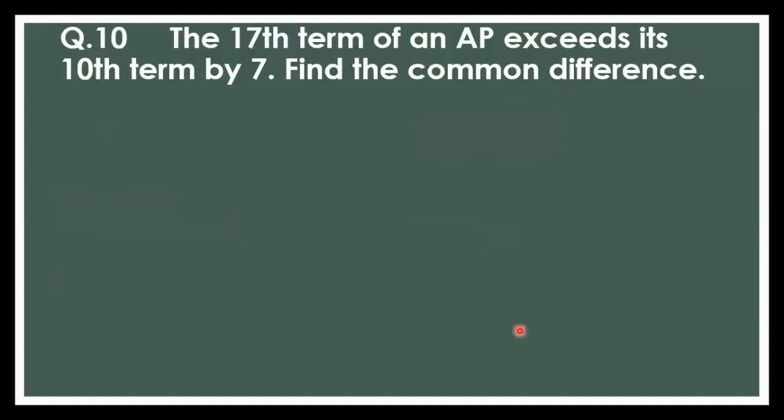The 17th term of an AP exceeds its 10th term by 7. Find the common difference. Common difference means what is the variable? D. So what do you mean by exceeds, children?